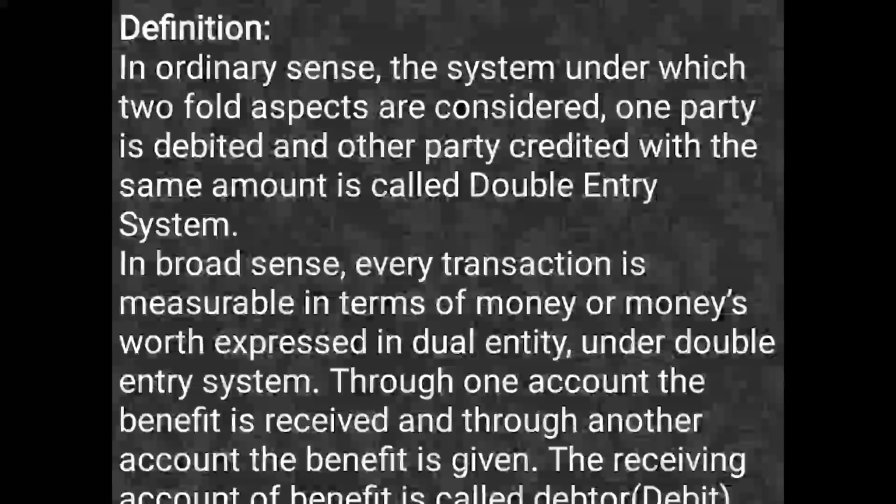Through one account the benefit is received and through another account the benefit is given. The receiving account of benefit is called debit and the paying or giving account of benefit is called credit.